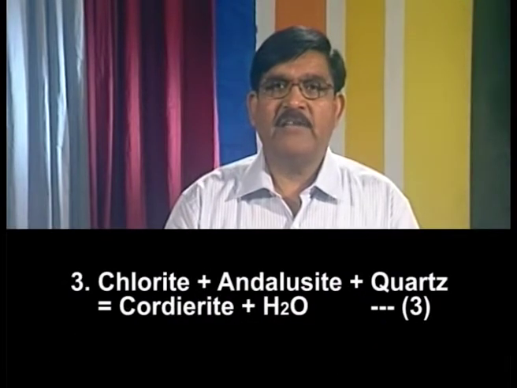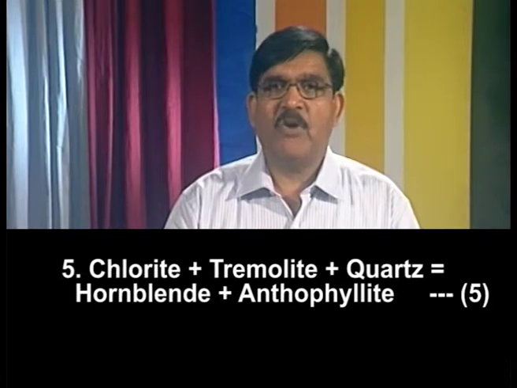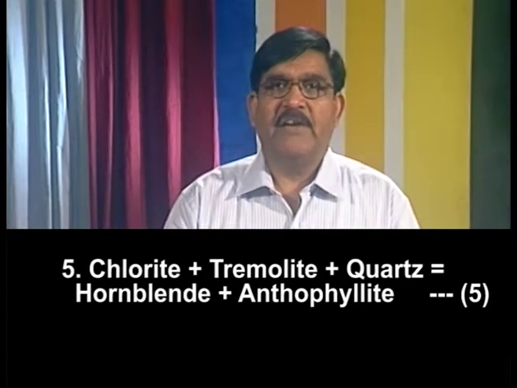Third reaction, chlorite plus andalusite plus quartz gives rise to cordierite plus water. Fourth reaction, Al-rich chlorite plus quartz gives rise to gedrite plus cordierite plus water. Fifth reaction is chlorite plus tremolite plus quartz gives rise to hornblende plus anthophyllite.